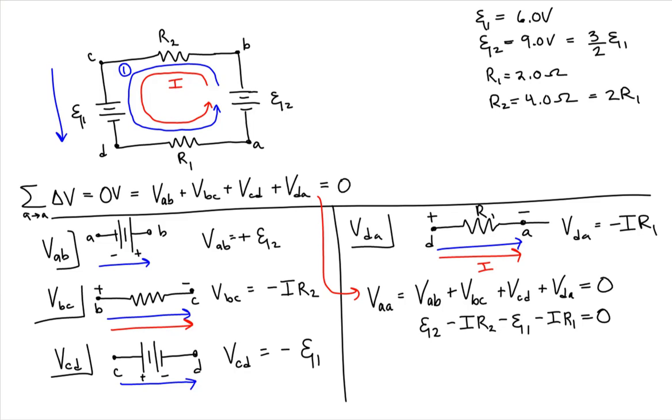So we are trying to find the current in our circuit. With a couple of algebraic steps, I could factor out the current from resistors 1 and 2 and set that equal to the difference in potential between the two batteries.